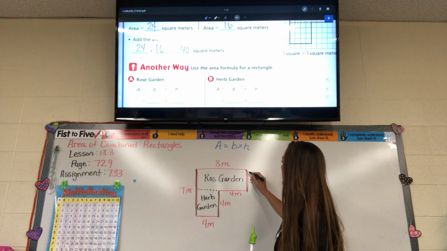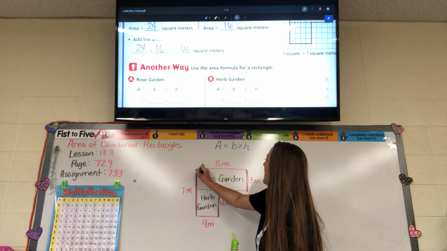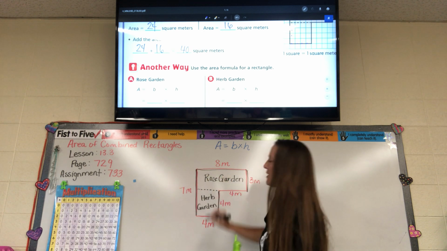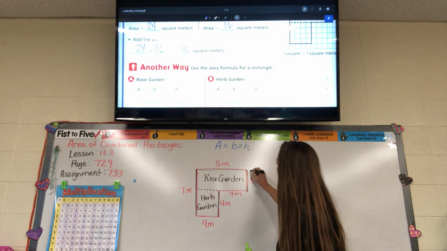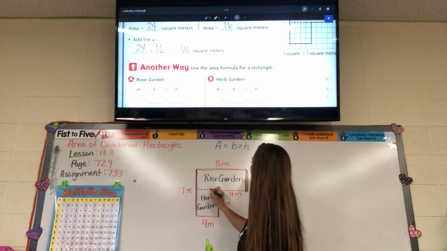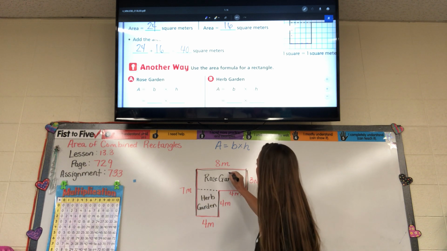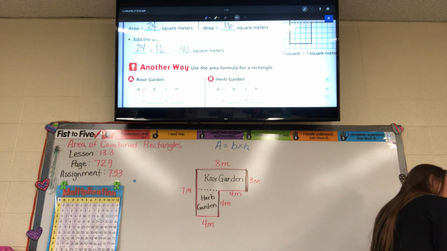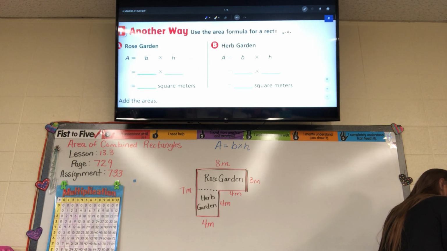So we would use the 8, which runs the entire length of the rose garden. And then the 3 runs the height. So 8 times 3 would be the rose garden, which would be 24.